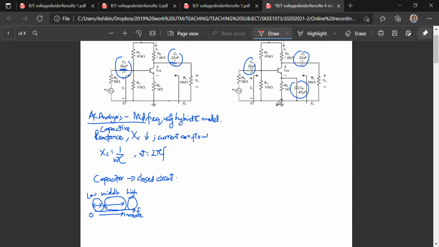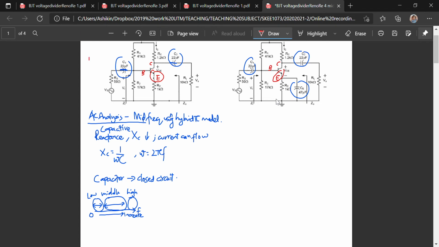For circuit 1, here I'd like to remind you, we label the BJT terminals C, B, E. Here also C, B, E. The arrow is at the emitter. Then we need to know where the input and output of our circuit are.